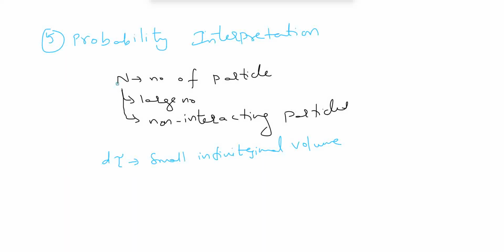Consider that these particles are present in this small volume d tau. Now consider their state as psi of r comma t. Now what is the probability of finding the particle in the volume d tau?